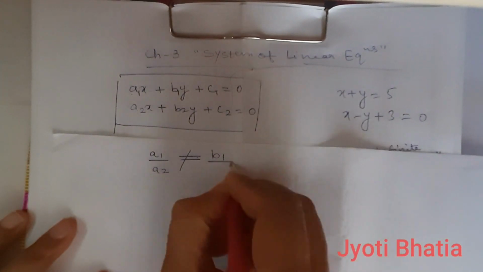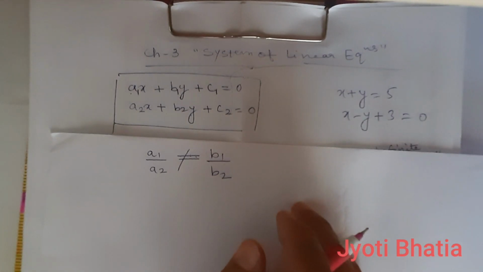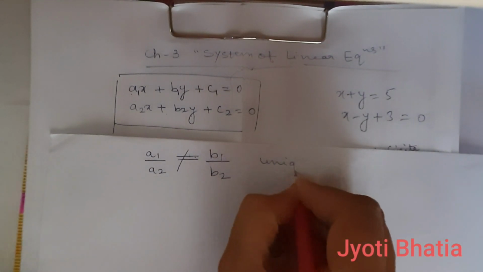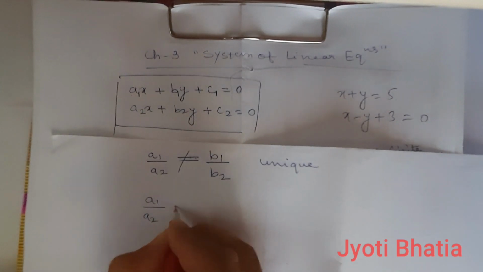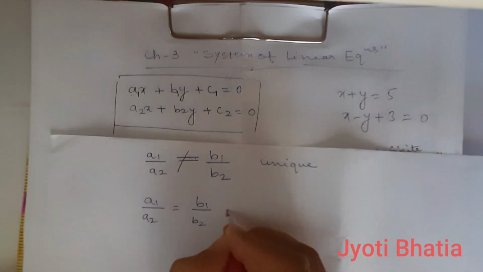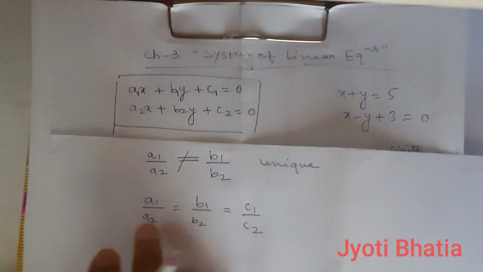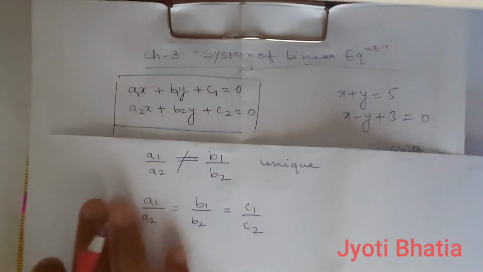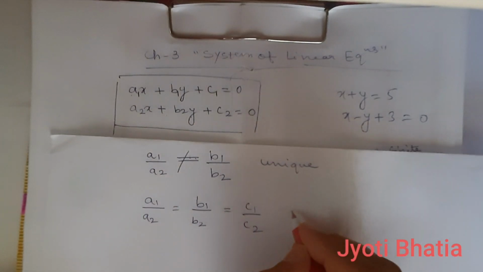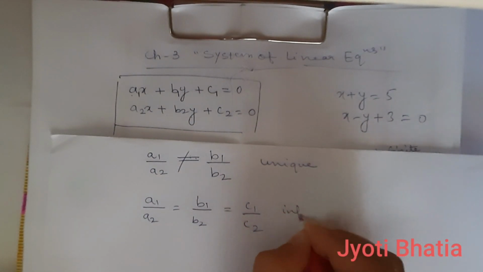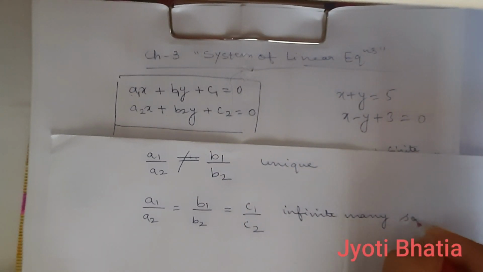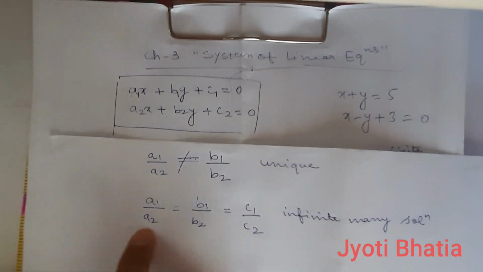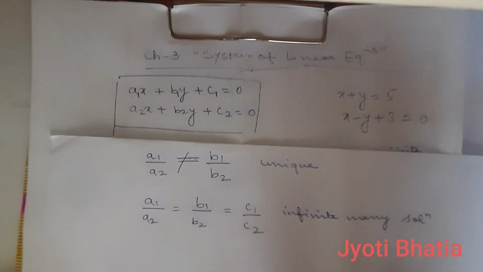If a1 by a2 is not equal to b1 by b2, you will have a unique solution, right? If a1 by a2, b1 by b2, c1 by c2, all these are equal, everything is same, that means both the lines are same, coincident lines, and therefore they will have infinitely many solutions.